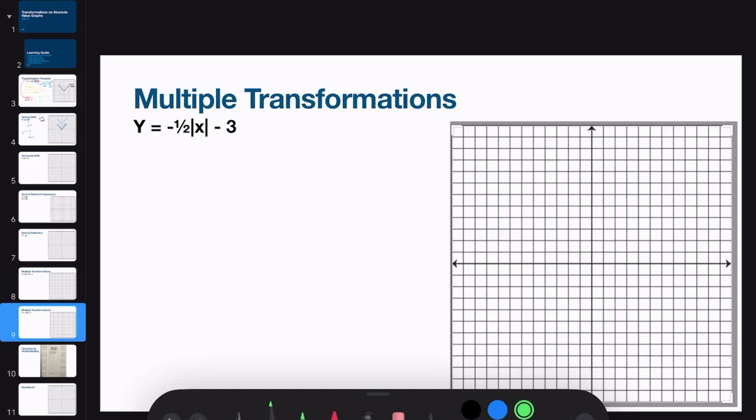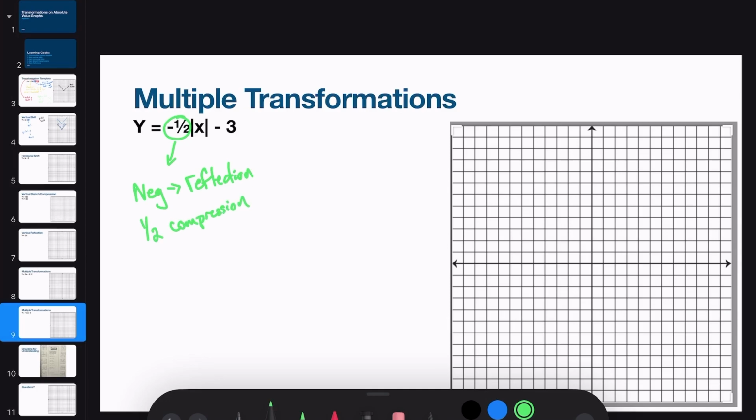Last one. Let's look at this one. We have in the front negative 1/2. It's negative, so it's going to be a reflection. And it's 1/2, so it's going to be a compression.